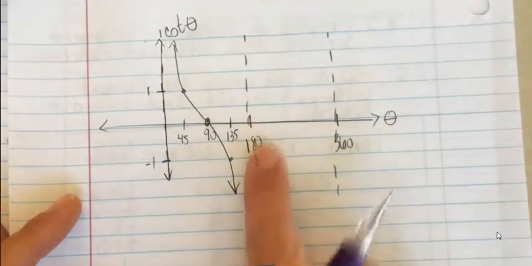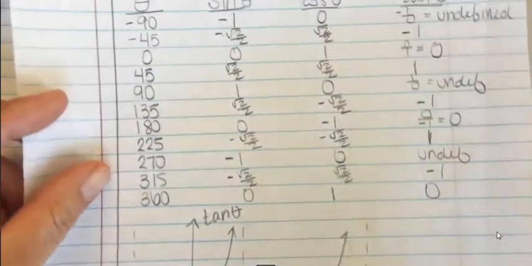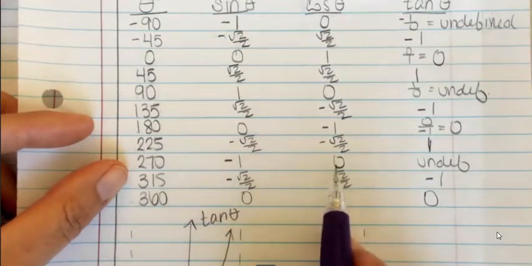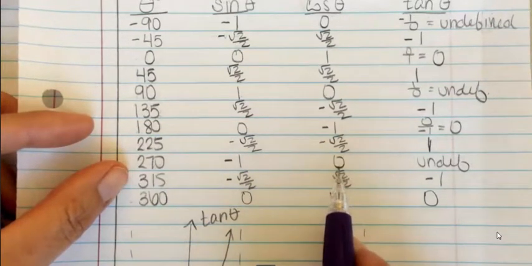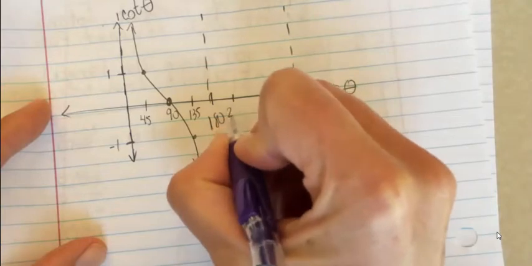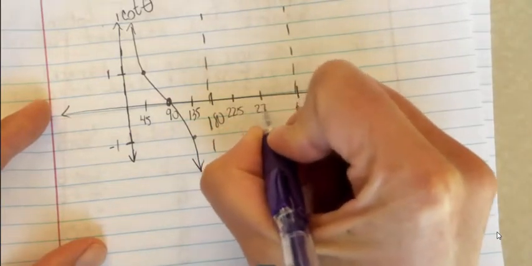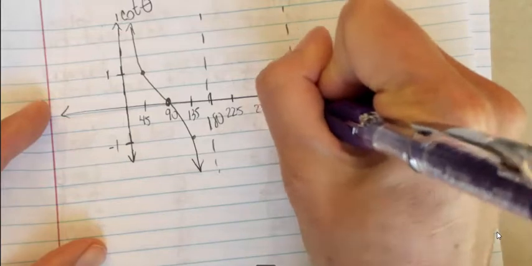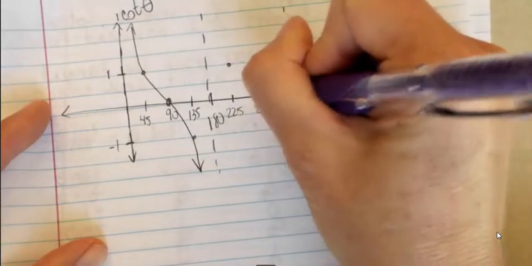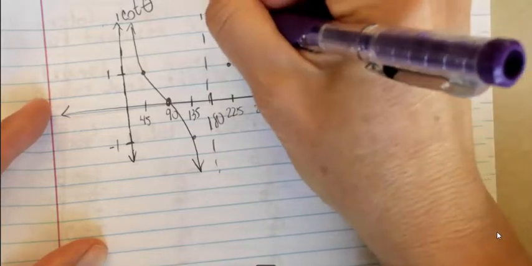Okay, and the same thing's going to happen. So if I look at my next round here, at 225, it's going to be 1. At 270, it's going to be 0. And then this is going to give you -1. Again, you can do as many cycles of this as you want.